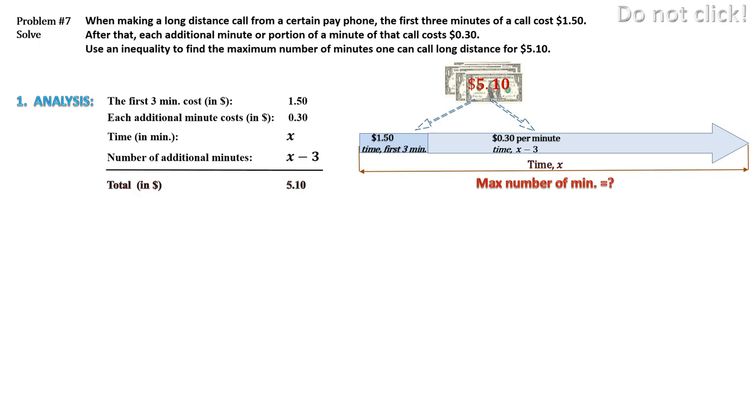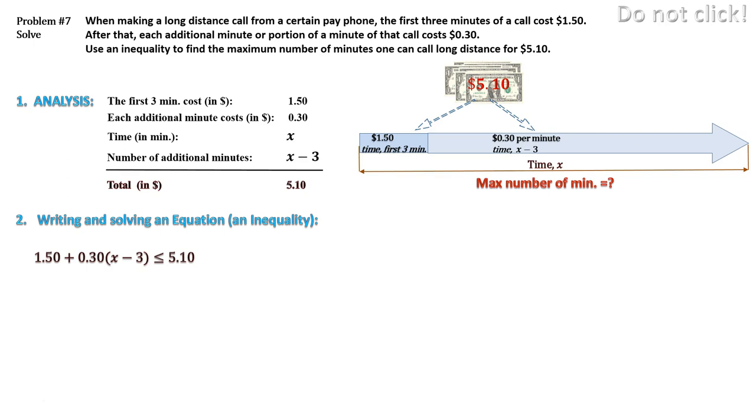Now, the total cost of that call is supposed to be $5.10. Not more. It can be only and only $5.10. But the number of minutes can be maximum or it can be less. Now we are ready to write an equation or inequality. Let's look into this inequality.